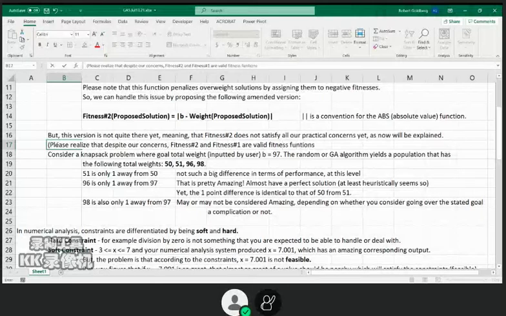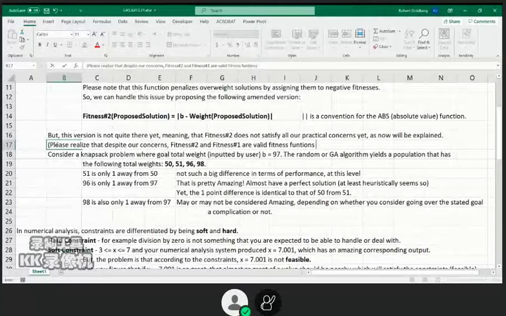The definition of a fitness function is only that it can have a comparative sense, but not necessarily that it has to do the best job. Unfortunately, that's not part of the definition of fitness, that it should be the most meaningful and do the best job. It just has to have a proper comparative effect, so that if you have 2 numbers, you understand the difference between the 2.